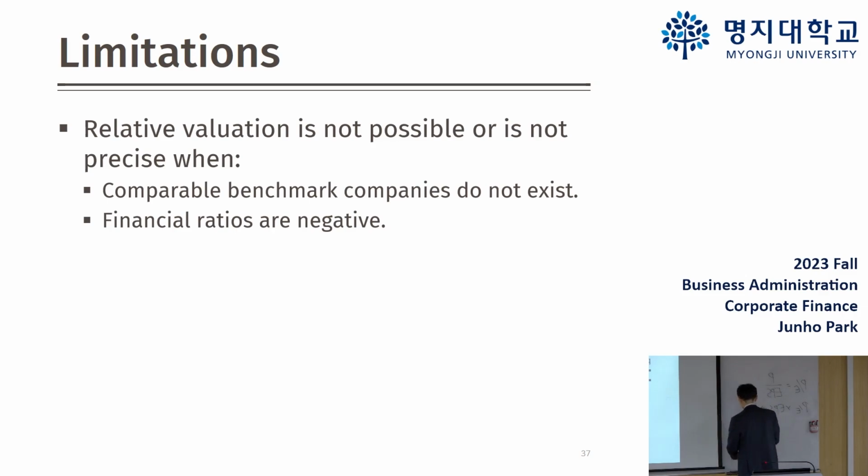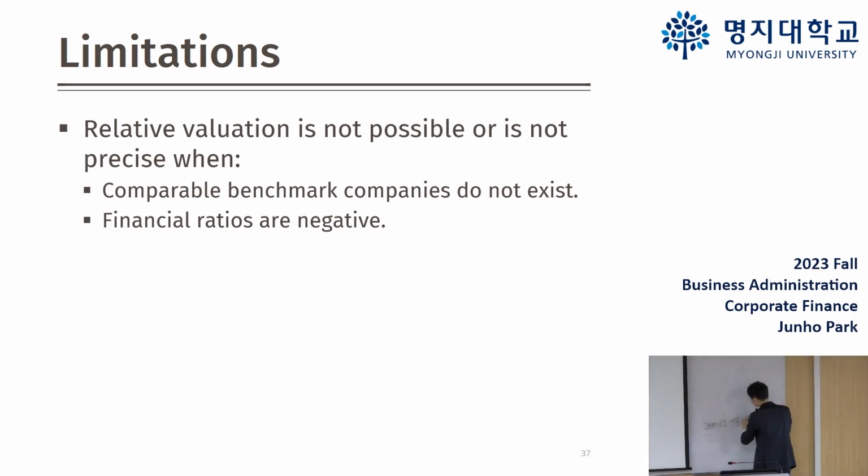For example, sometimes you want to use the PE ratio to estimate a firm's value, and then you find that the company's net income is, for example, minus $100 million. It actually has no net income, it has a net loss, because it is very young, although it is growing.